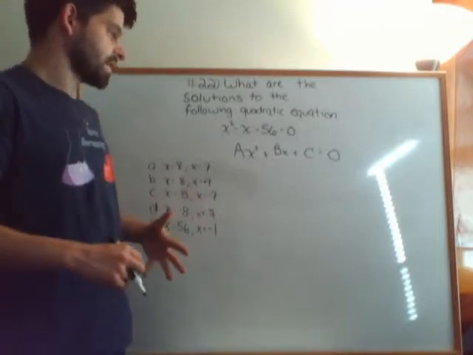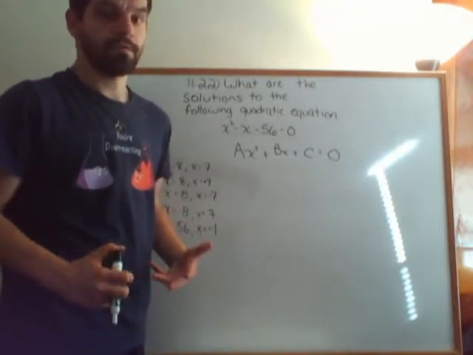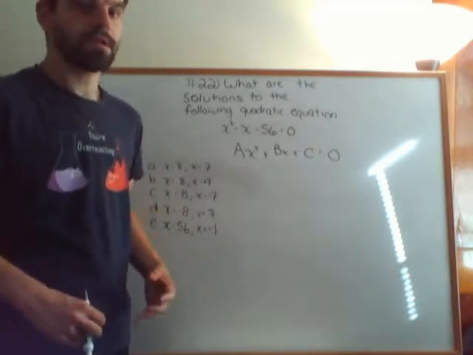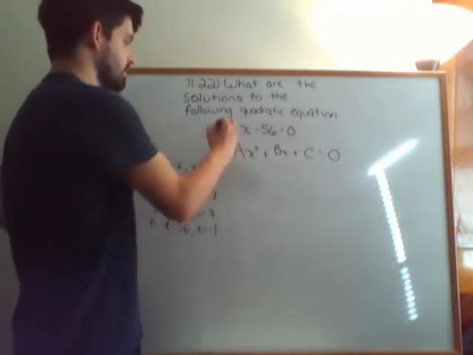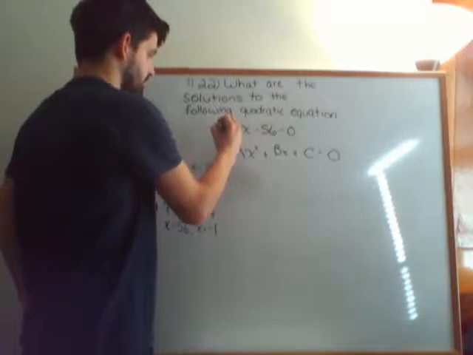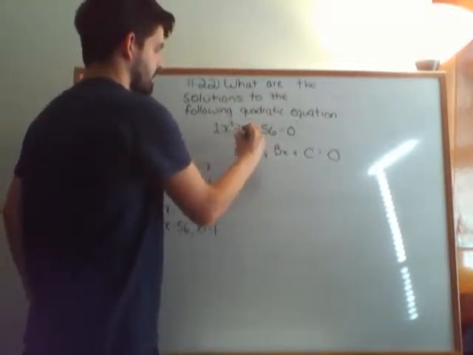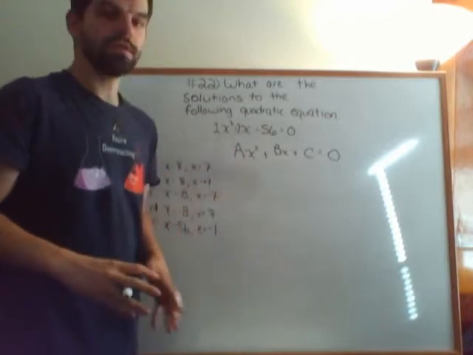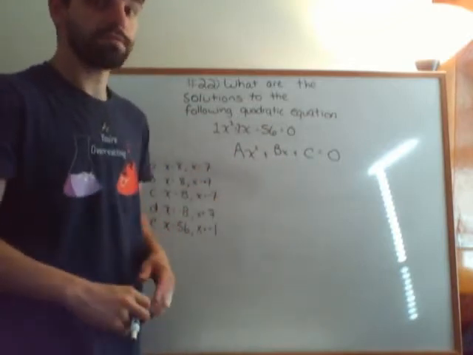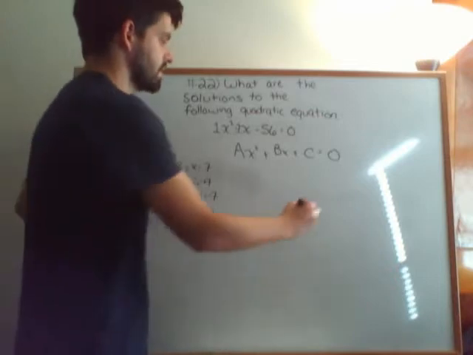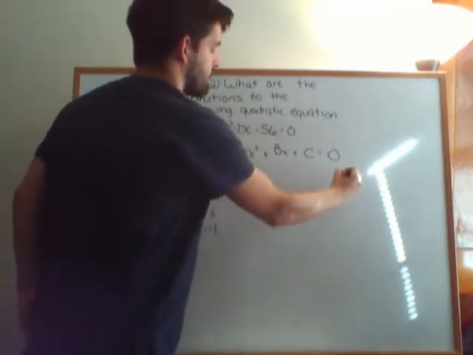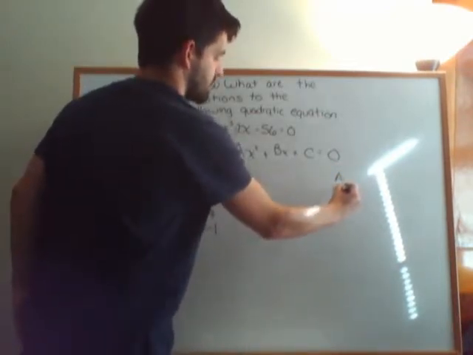Remember that if a variable doesn't have a coefficient in front of it, we infer it and understand it as 1. So I'm going to go ahead and put a 1 here and a 1 here. Now remember, for a, b, and c, not only do they take the value, they also take the sign. So let's go ahead and identify right now what our a, b, and c are for this quadratic equation.